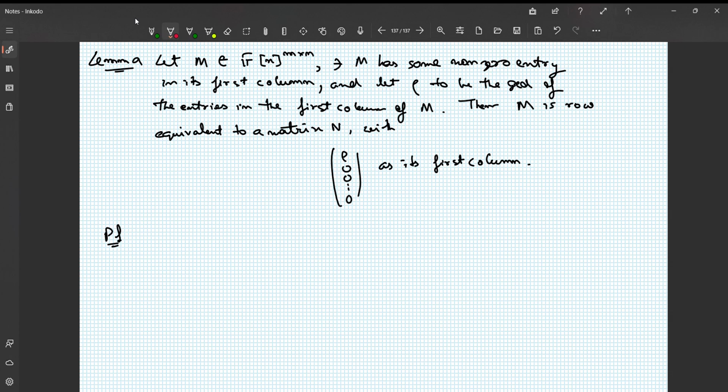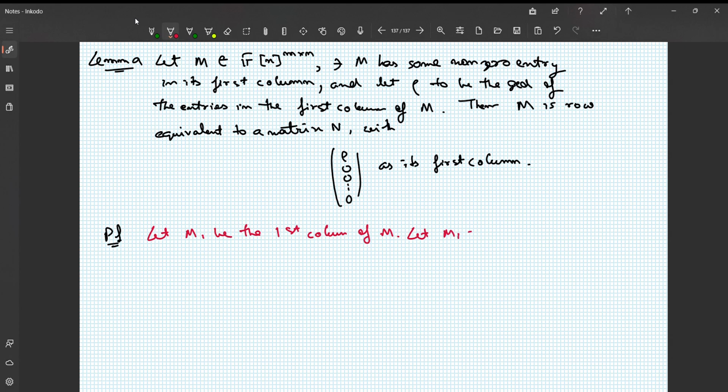So let us consider M to be the matrix which is already given by the lemma. What we do is we choose the first column. Let M1 be the first column of M. So M1 has some non-zero entry.